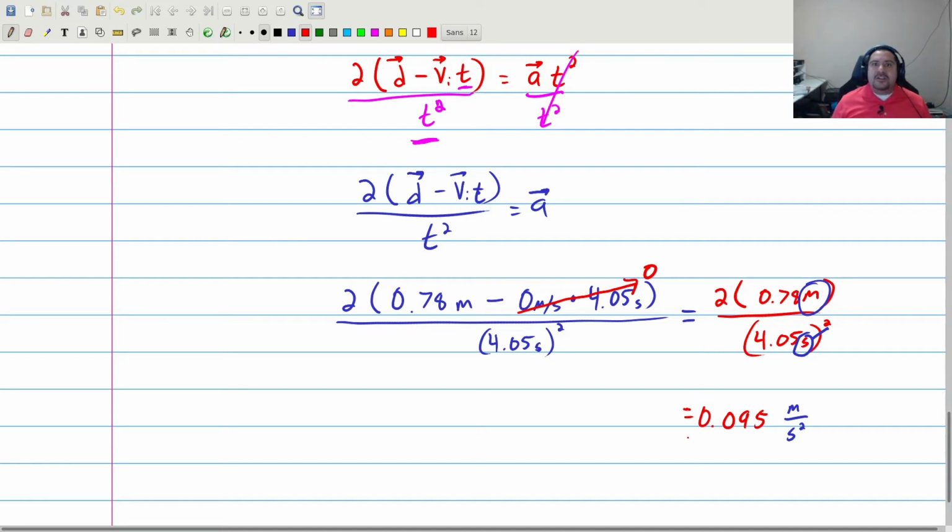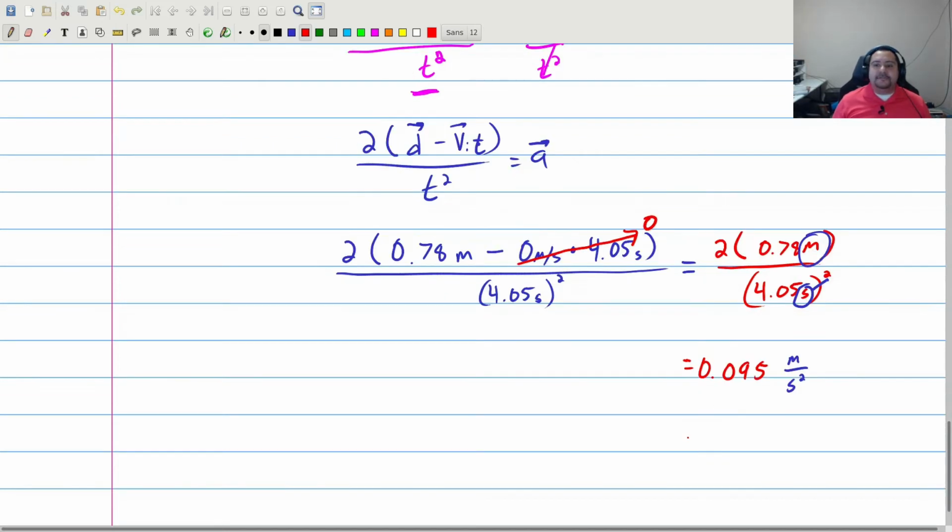But what if I wanted to know the final velocity of the cart? Well, in order to solve this problem, I can use 2 of the equations from earlier. Now that I know 4 of the 5 kinematic variables, there are 2 equations that will work here to find the final velocity.